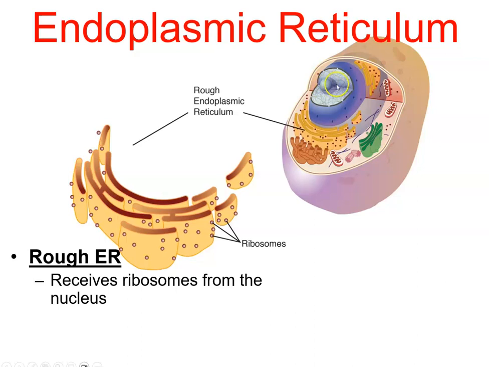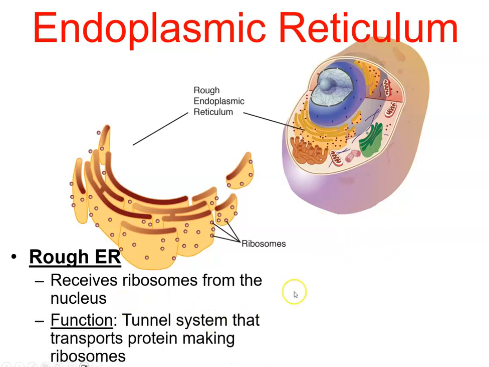The ribosomes get made in this nucleus, and they'll get out of this little pore in the nuclear envelope, or nuclear membrane here, and they're going to need a way to move around to different parts of the cell. So they basically attach themselves to this little highway system. It's a tunnel system that transports proteins being made.